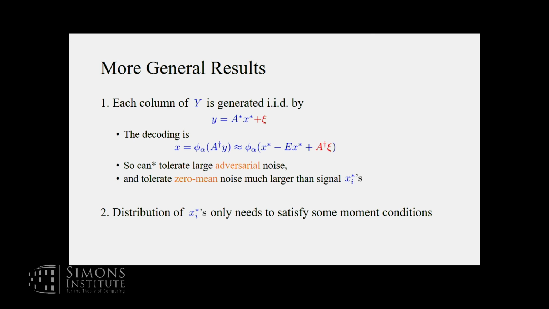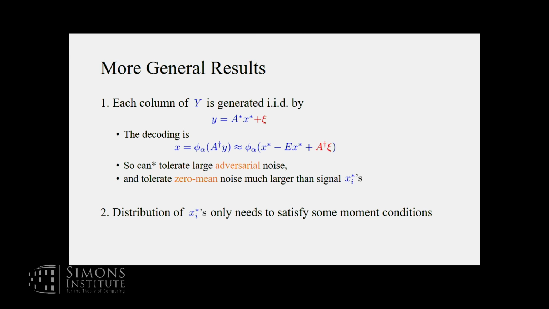Okay, so this kind of analysis can also be applied to some other more general settings. For example, we have noise in each column of Y. You can handle this kind of noise in the same way as before. You can imagine that you're just adding an additional noise term here, and then you can argue using the previous intuition.